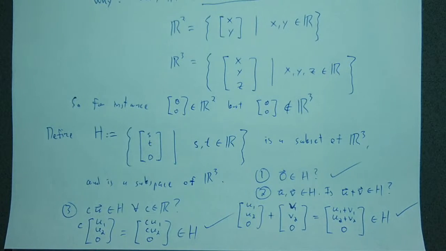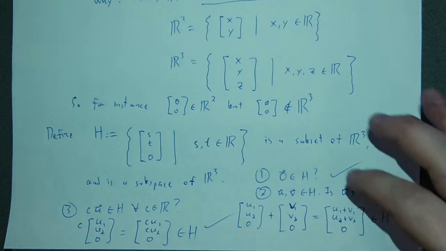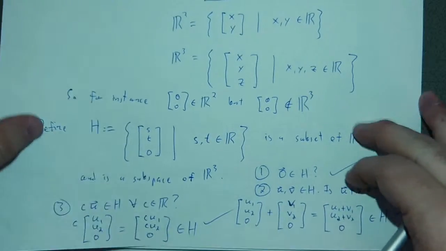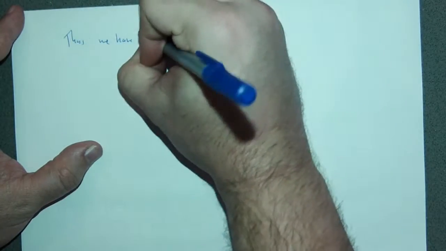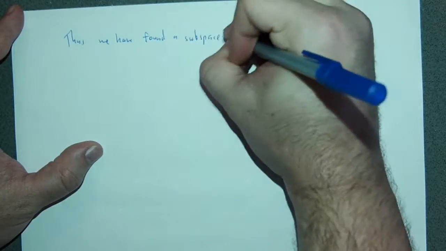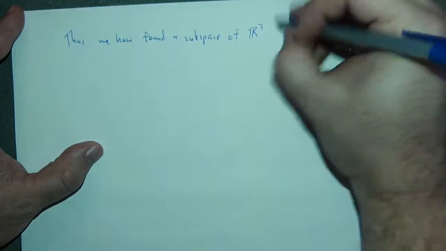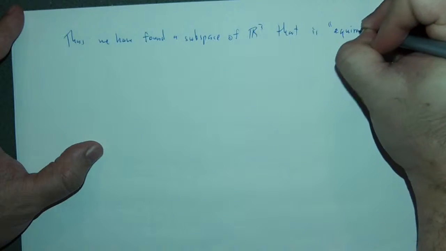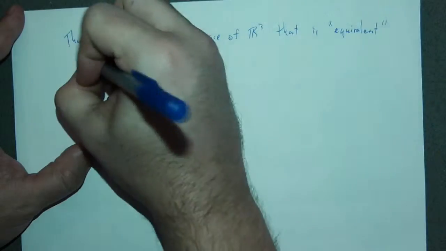Yes, so someone said the word isomorphic, right? Absolutely, that is exactly where we're headed with this, but I won't use that terminology officially till later. What we have seen here is that we have found a subspace of R3 that is equivalent to R2.